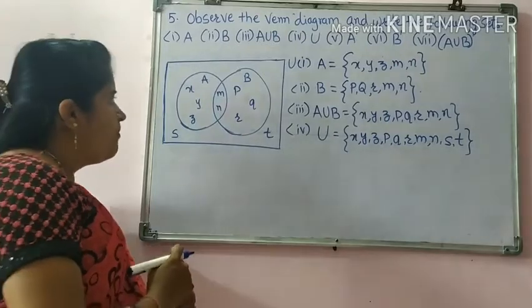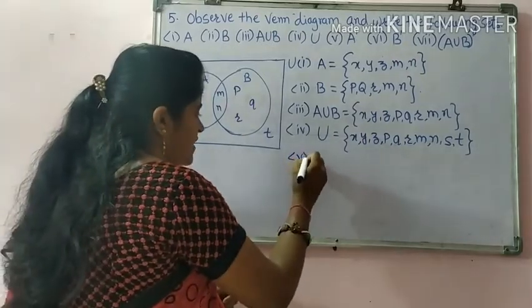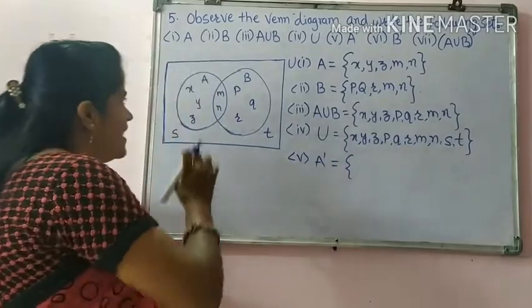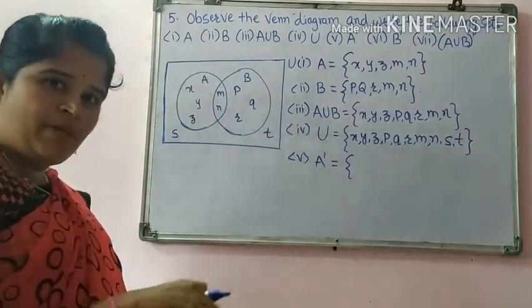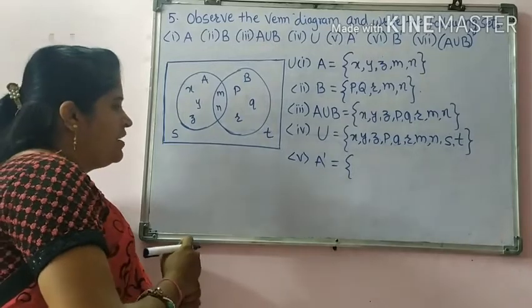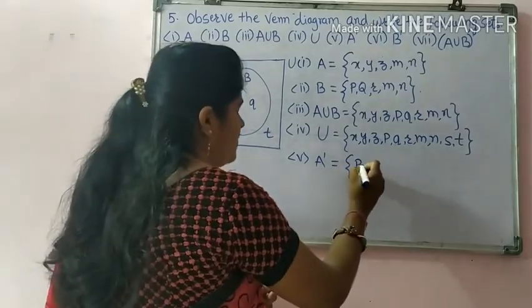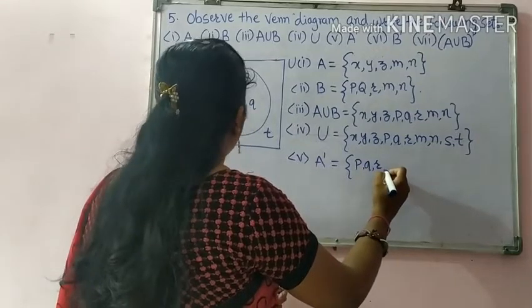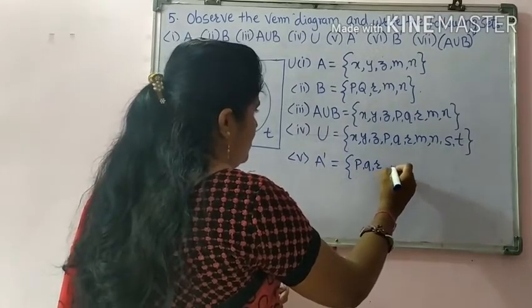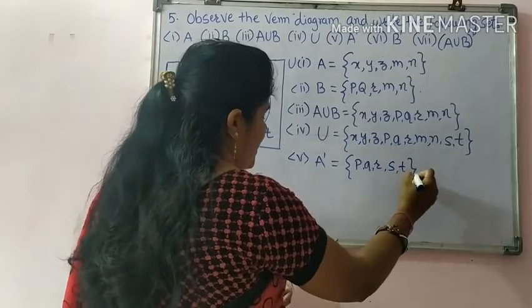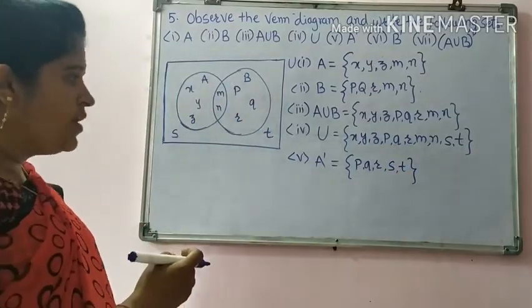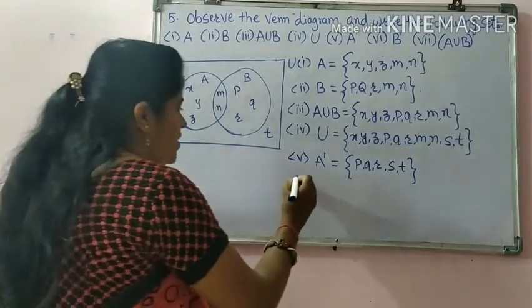Next one is A complement. So the fifth is A complement. All the elements except set A will be in the complement of A. So what are the elements of A complement? P, Q, R, S and T. These are the elements in the set of A complement. Next is B complement.